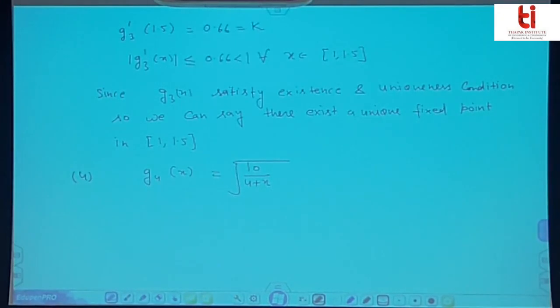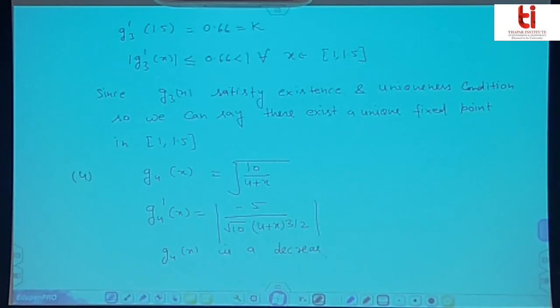We can also check from the derivative: the derivative is coming out to be negative, minus 5 upon under root of (4 + x) raised to power 3 by 2. So g4(x) is a decreasing function.